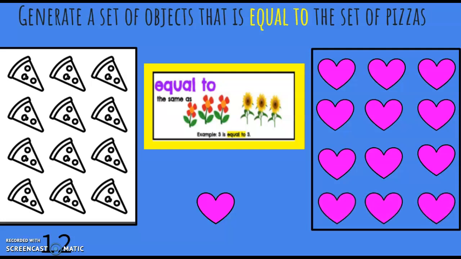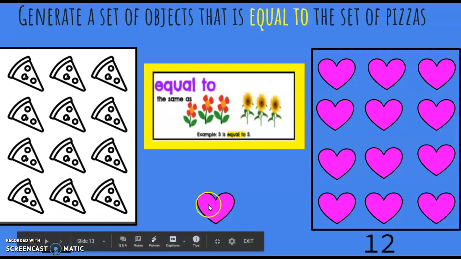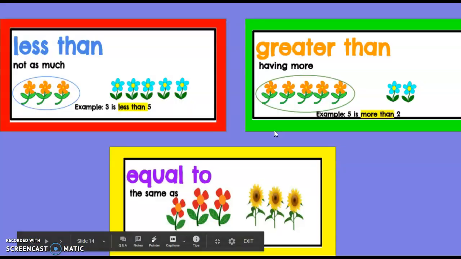Okay, so now we can say the pizzas are equal to the hearts, because why? Because they have the same amount. Good job. Awesome. And if you notice, the numbers are the same as well.